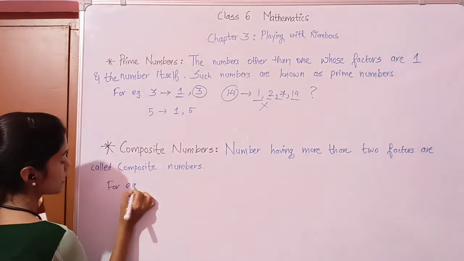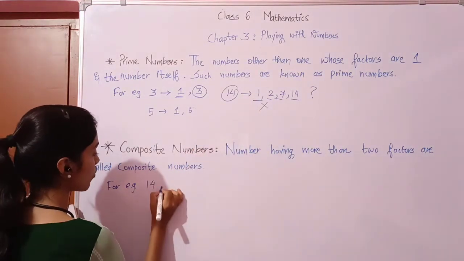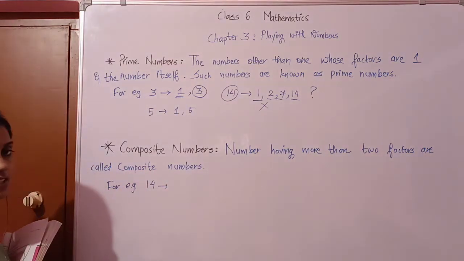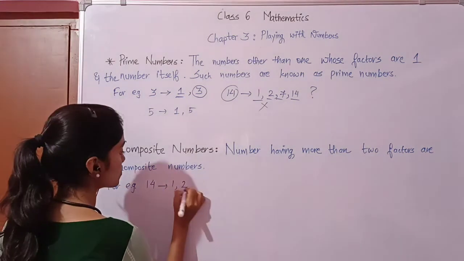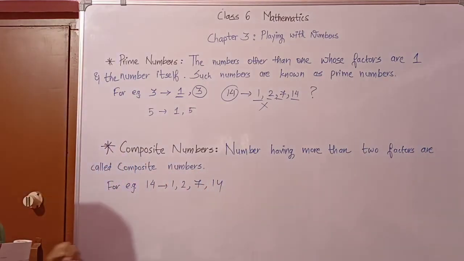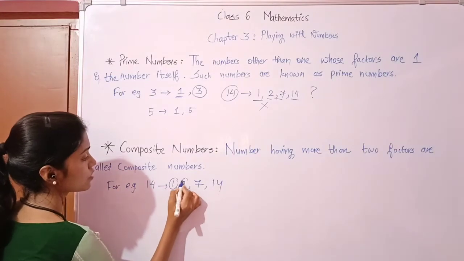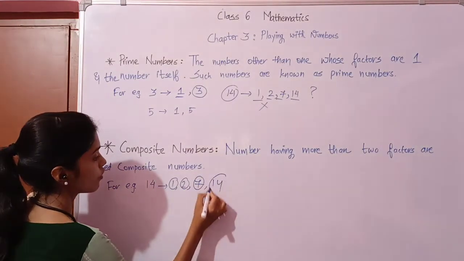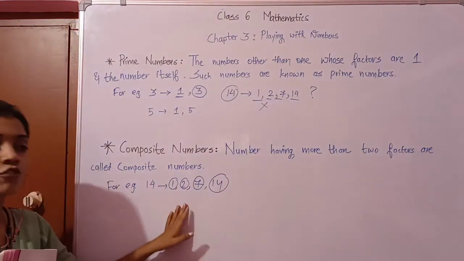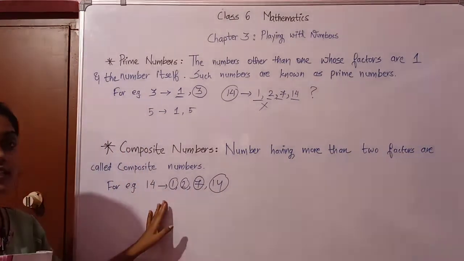For example, if I take 14, as I have taken here, what were the factors? 1, 2, 7 and 14. So how many factors are there? If we count, it is 1, 2, 3, 4. So in total there are 4 factors. So we can say that 14 is a composite number.